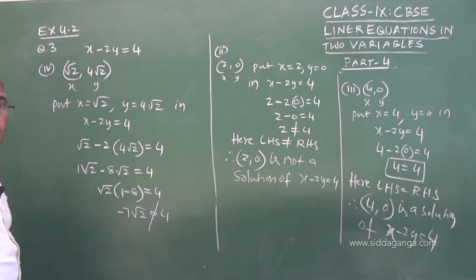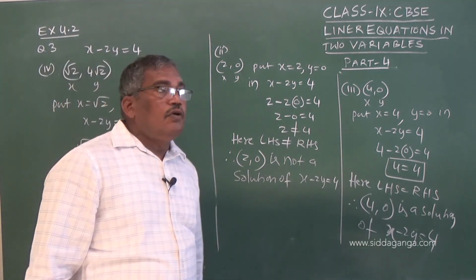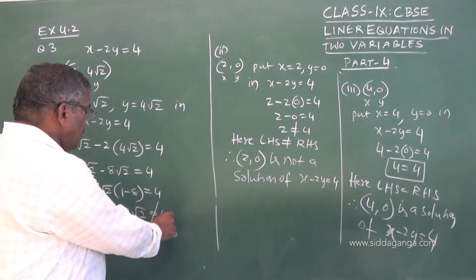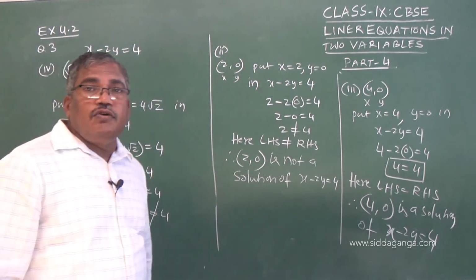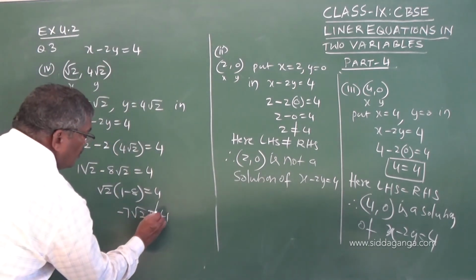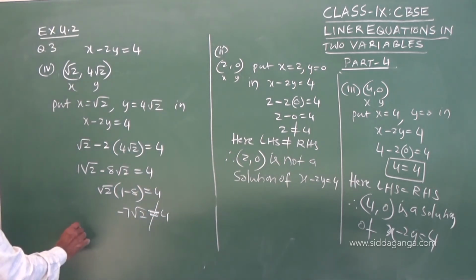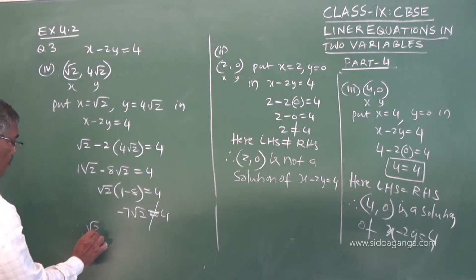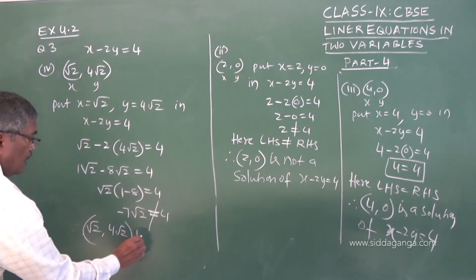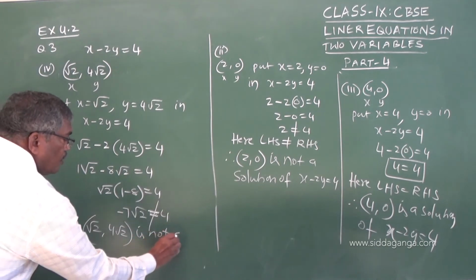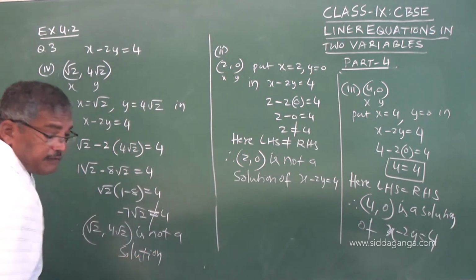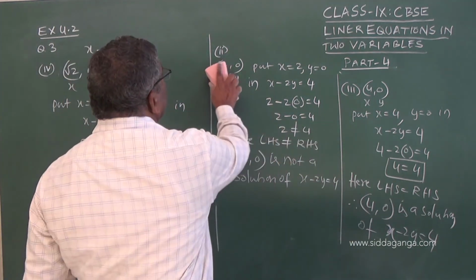This cannot be equal, because root 2 is irrational, 4 is rational, and a multiple of root 2 is also irrational. Therefore, it is not equal, and (root 2, 4 root 2) is not a solution.